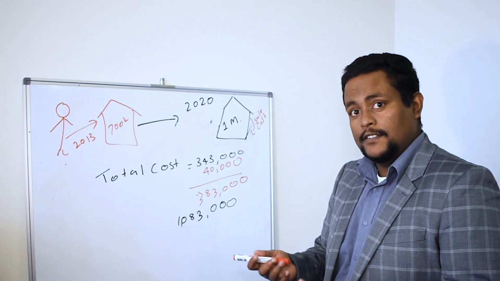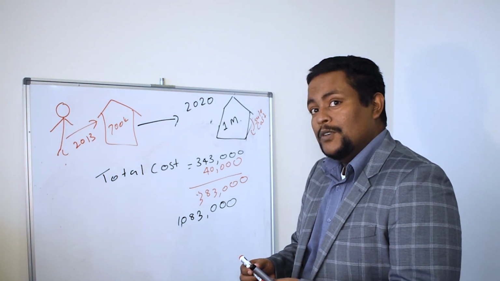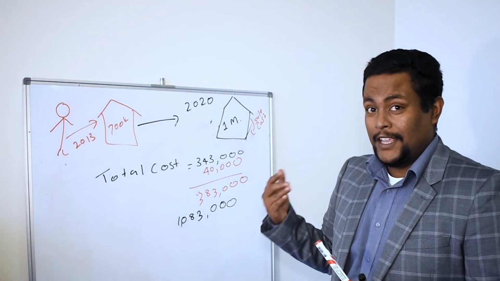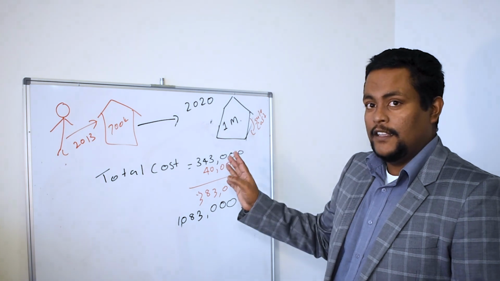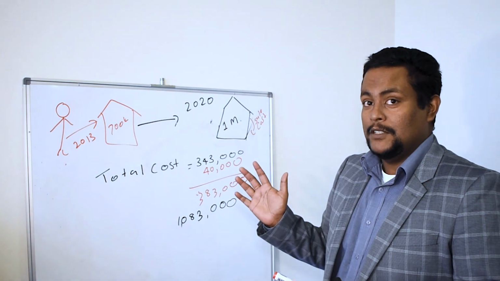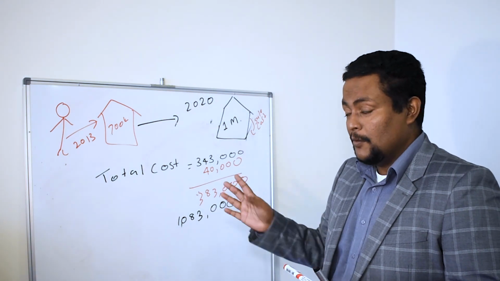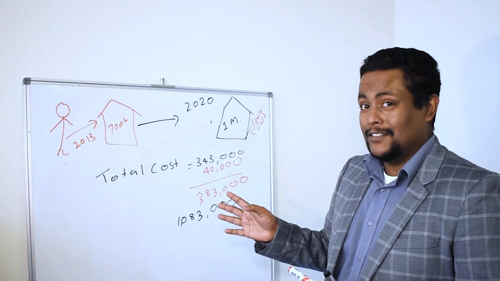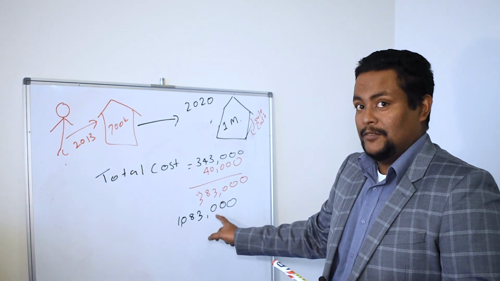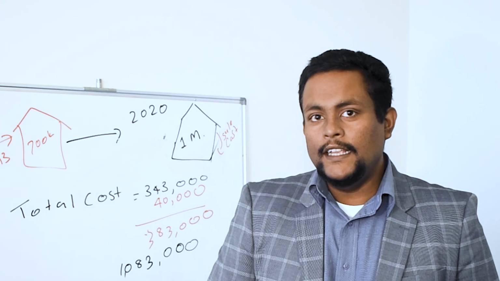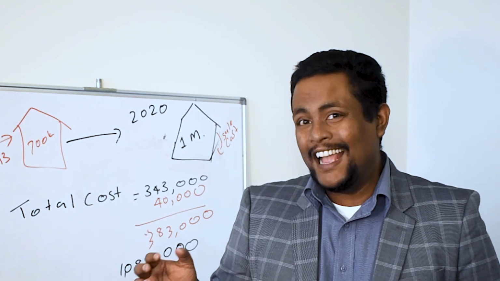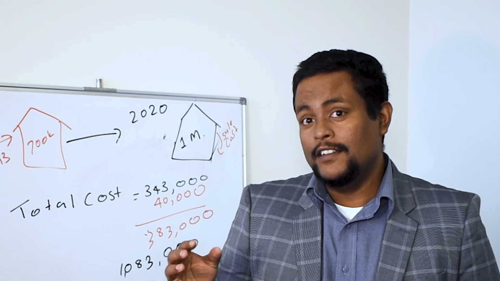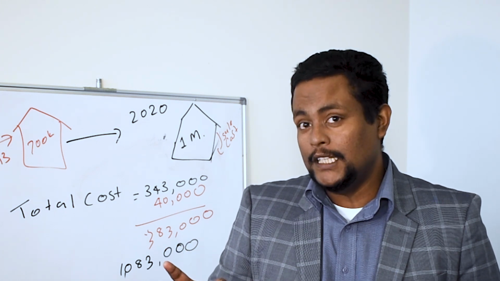So you need to understand numbers in order to work out whether your house is making money or not. Most people don't understand this. That's why they think buying a house is a long-term investment, so they can save money on rent. Yes, you can save some money on rent, but still it's costing you money. If you want to do an investment or buy an asset, you need to understand the difference between an asset and a liability.